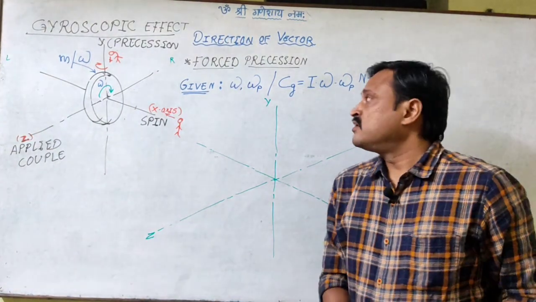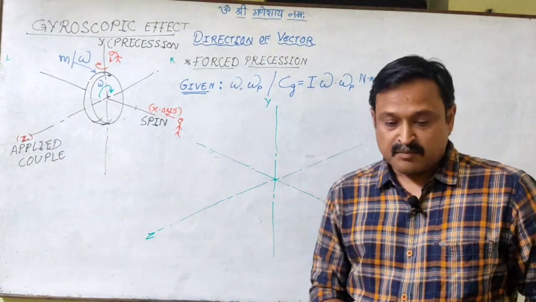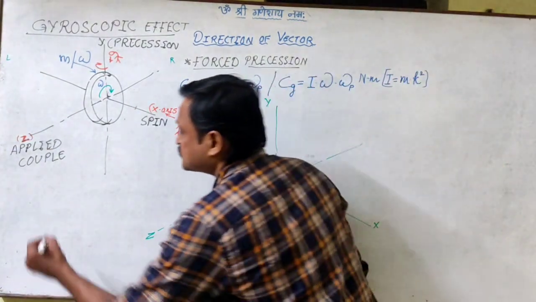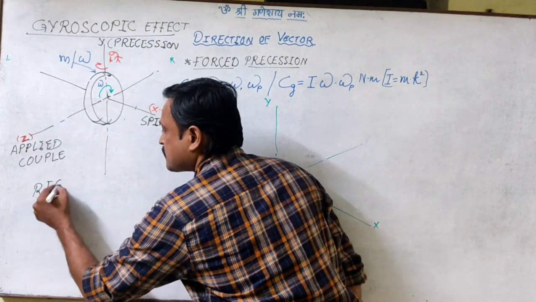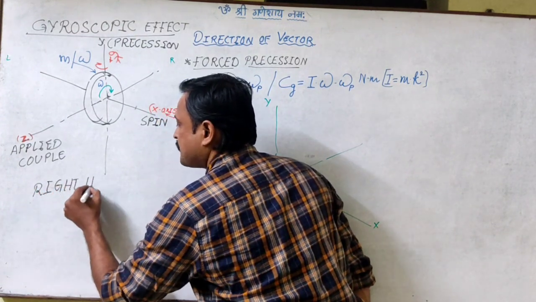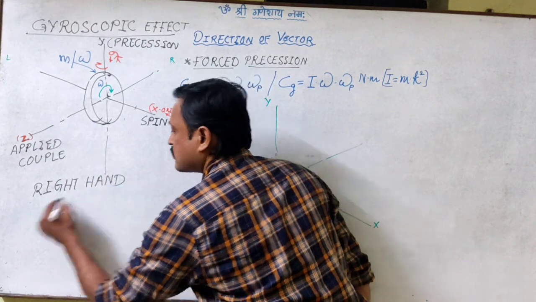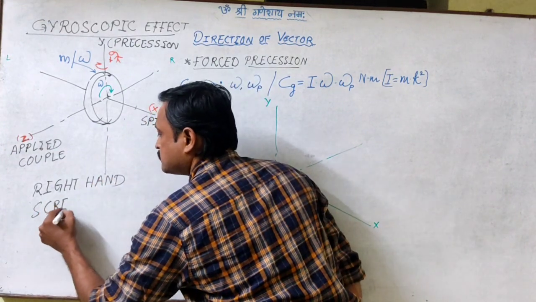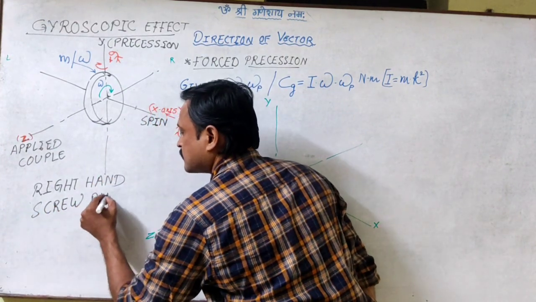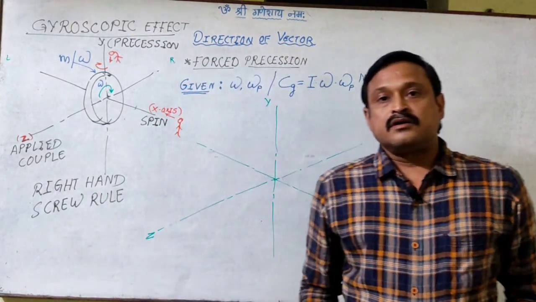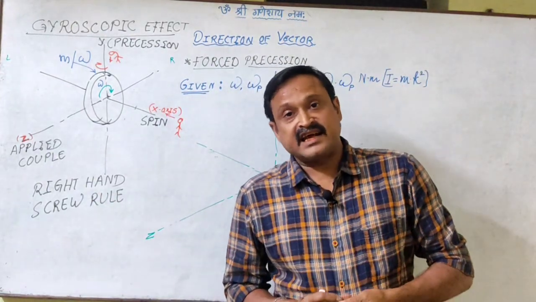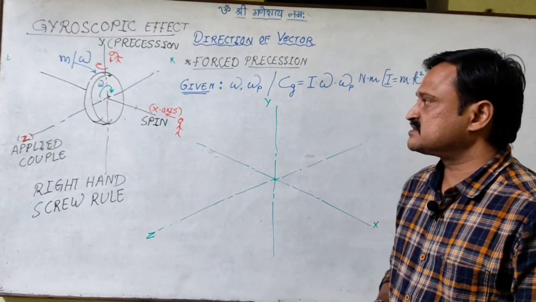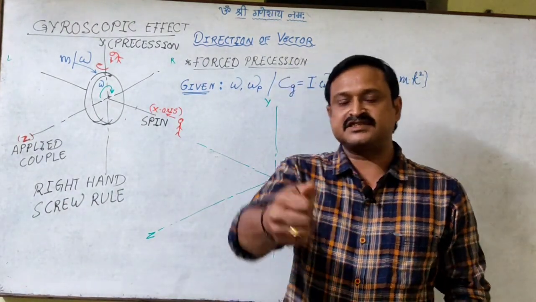Now we will apply the right hand screw rule to get the direction of the vector, right? So what does the right hand thumb rule suggest?